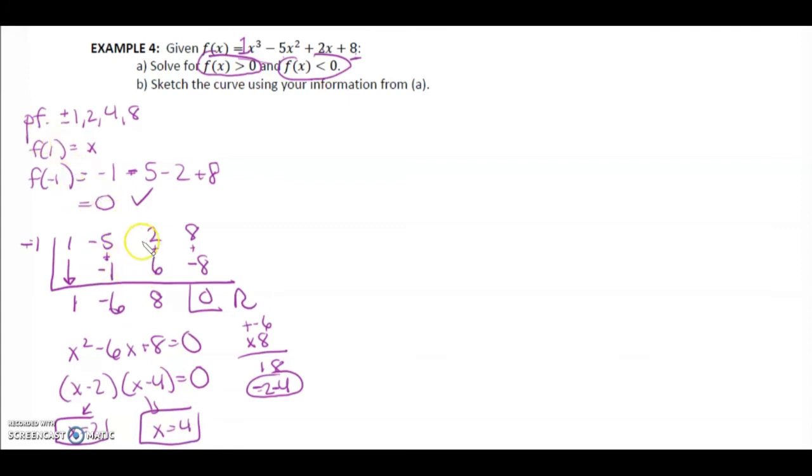Okay, we don't have to rewrite this with all three factors. Remember, the three factors would be x minus 2, x minus 4, and then x plus 1. But we don't have to do that. What we're going to focus on is the chart, and I'm going to go ahead and graph these three x-intercepts: -1, 2, and 4.